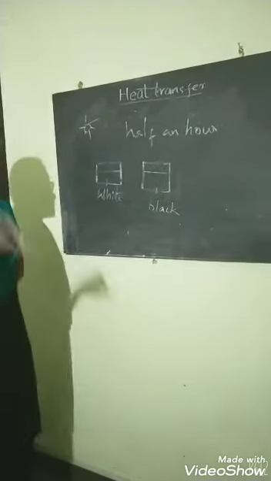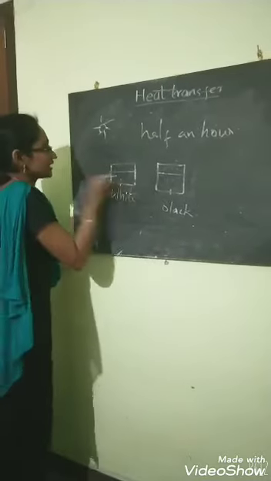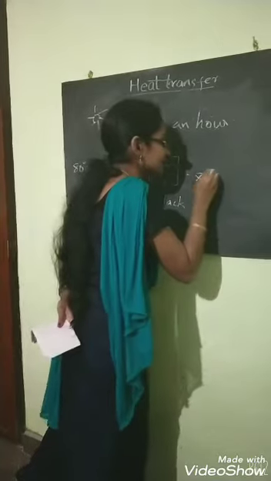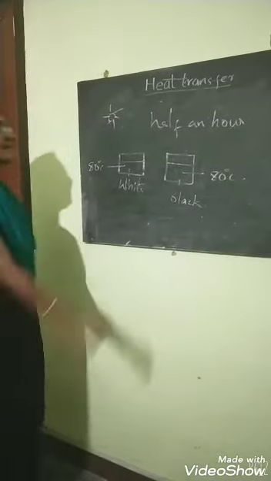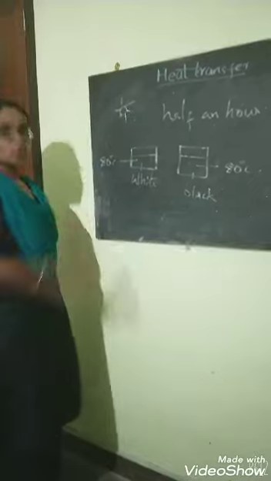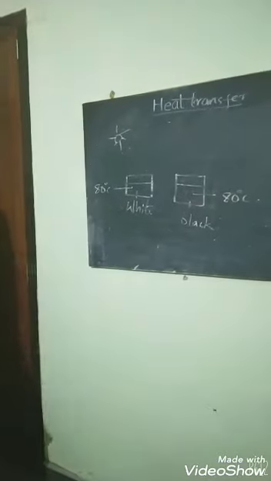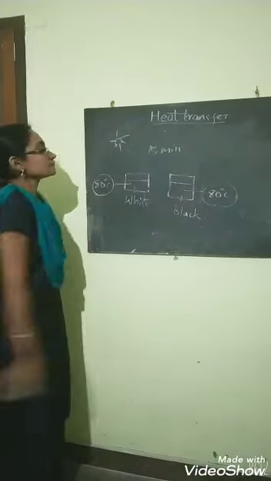I am filling this one with 80 degrees Celsius water and here also 80 degrees Celsius water, and I am keeping them in the room for 15 minutes. Then what happens?